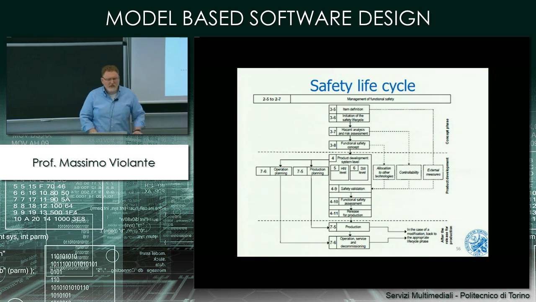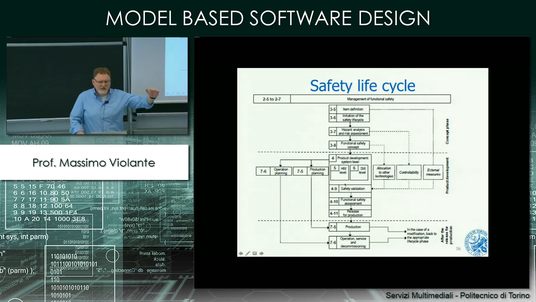Then once the system-level analysis and the system-level design have been done, we can move forward towards the hardware implementation and the software implementation. These are parts 5 and 6 of the standard. Here we will have to put to work a number of practices to validate that the specification has been satisfied.